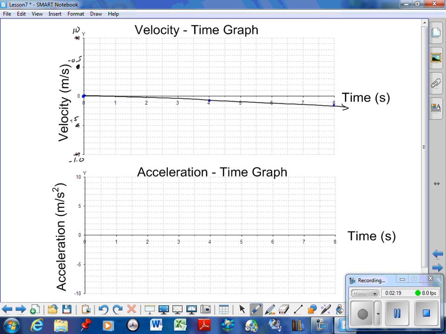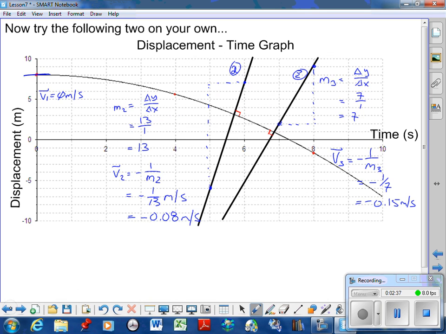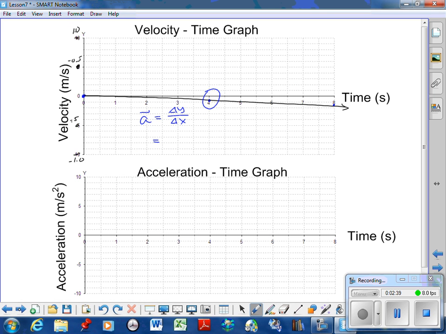So there we go. Now we want to find the acceleration of the system then. So the acceleration then would be, again, you're always going to end up with a linear relationship. So delta y over delta x. Pick that point there. If you want to be as accurate as you can, you use the negative 1/13 divided by 4.